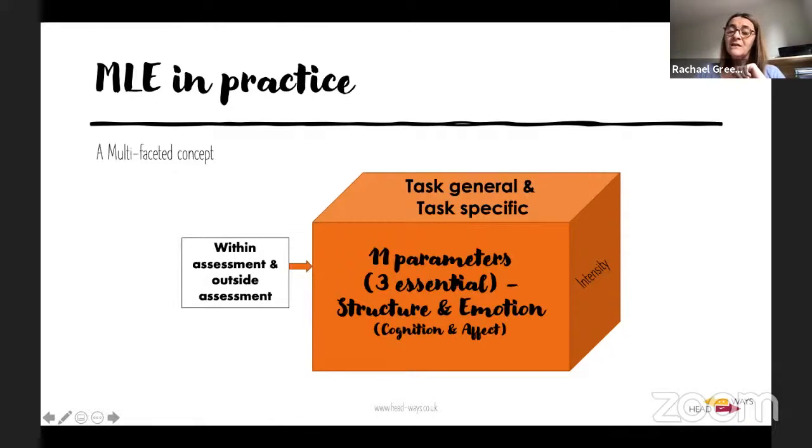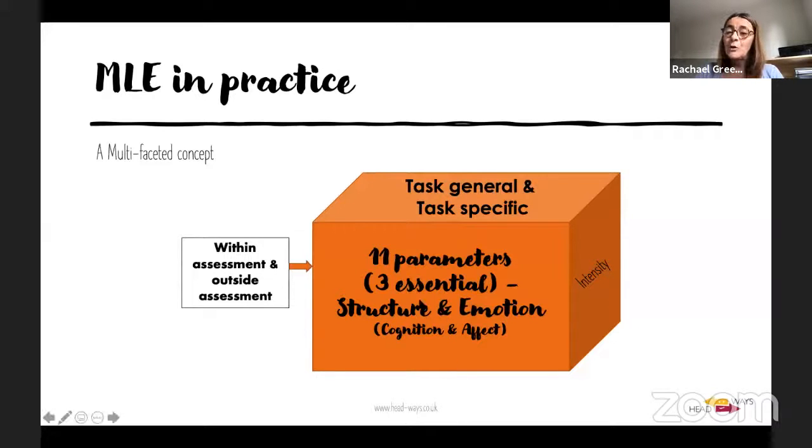Of these 11, there are 3 that he deemed essential for an interaction to be called mediated, so that we've helped the child to make sense of the world differently by employing these 3 essential features. That's what I'm going to talk to you about in what I call the what, why, where model. I'll talk to you about that in just a second.